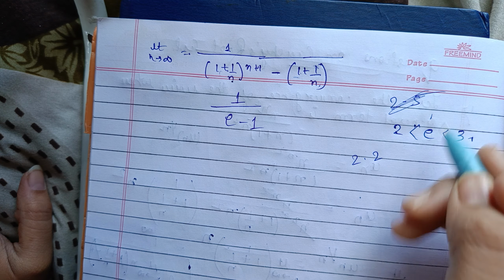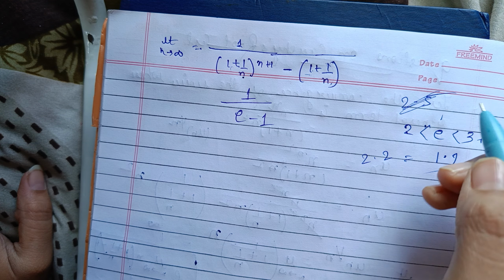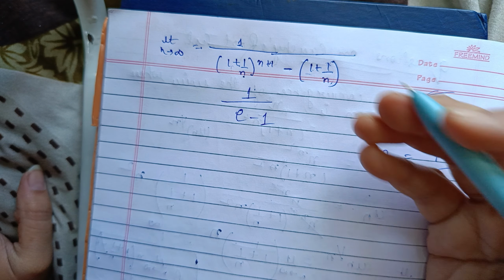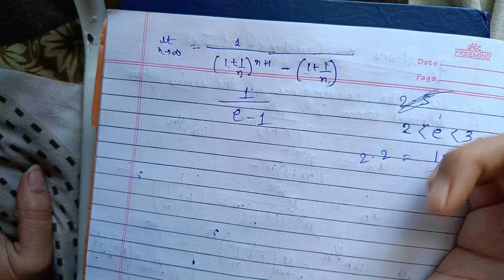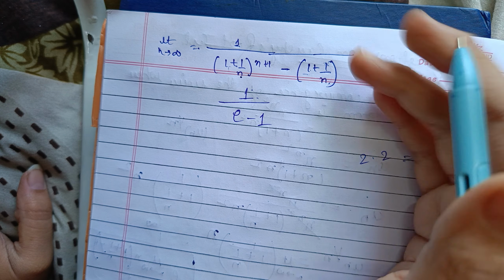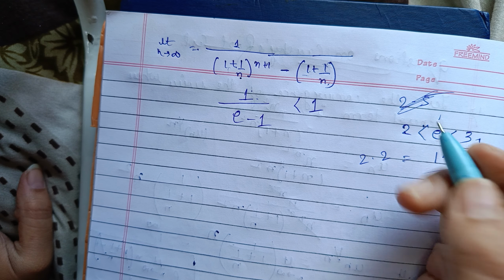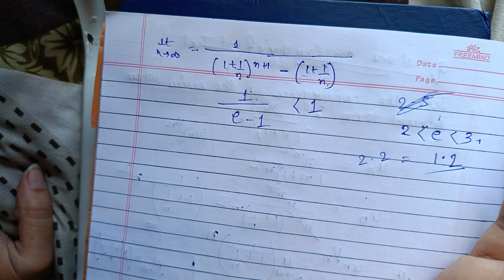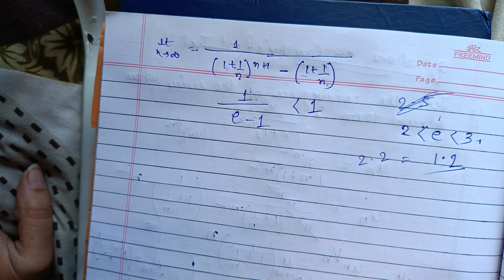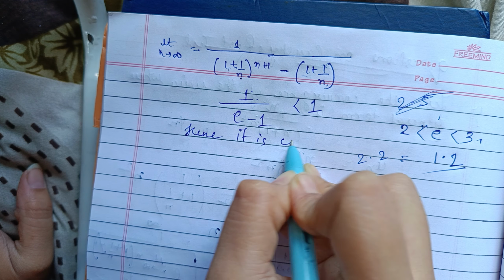If you subtract 1, you will still get some value which is above 1. So 1 upon something greater than 1 will give you a result less than 1. Are you getting my point or not? Something greater than 1 in the denominator gives a result less than 1. So it is less than 1, so this is convergent. Hence by Cauchy's root test, the given series is convergent.